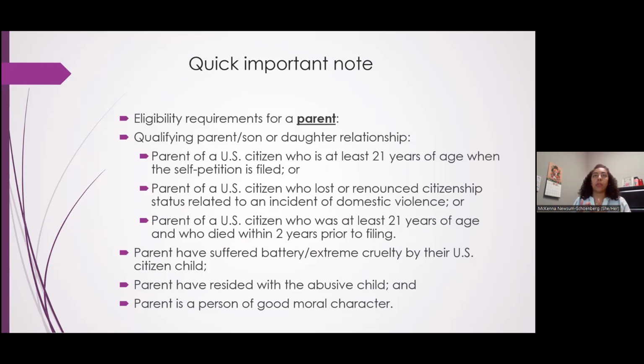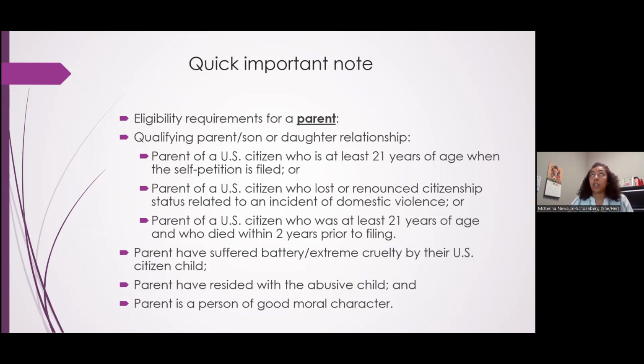And again, as with every application that you submit to the U.S. government, you are going to have to prove that you're a person of good moral character. We could have like a class, multiple semesters on what it means to have good moral character. But again, what you are looking for is a relatively clean criminal record.